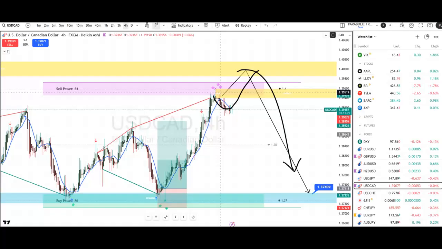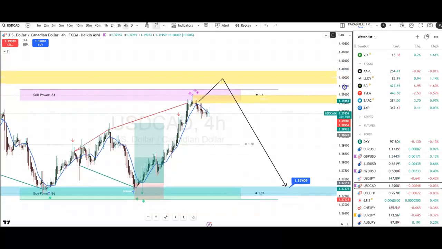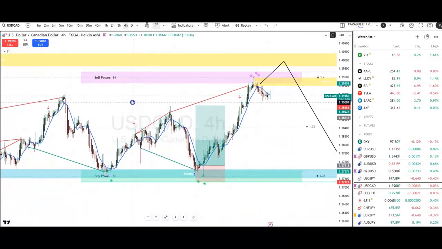Hopefully that's helpful. It's a week where we're not really going to be trading the dollar so much heading into Friday, because anything can happen on Friday, as you probably know. But I want to cover this in a bit more detail. As an example, here, this demand area at the bottom with a buy power of 86 is already established before the price goes up.